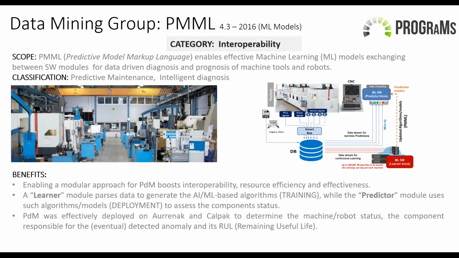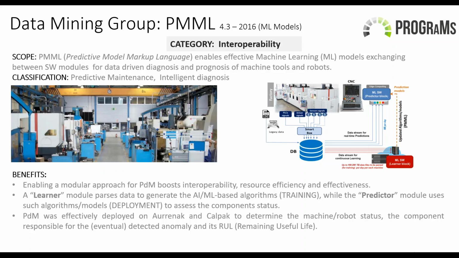For example, in our cases, we divided our predictive maintenance platform into two basic modules. You can see in the figure on the right the learner block in red. That is the module that parses a lot of data coming from the field.